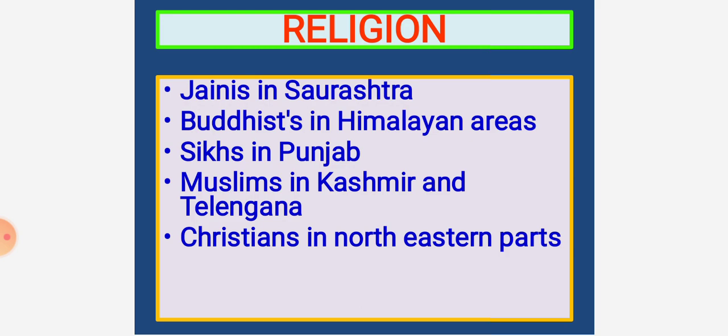The majority of these religions' people are there in these areas, but still there is no limitation, no fixed area. It is according to the will of the people. They can reside anywhere in India, as our country is a democratic country.